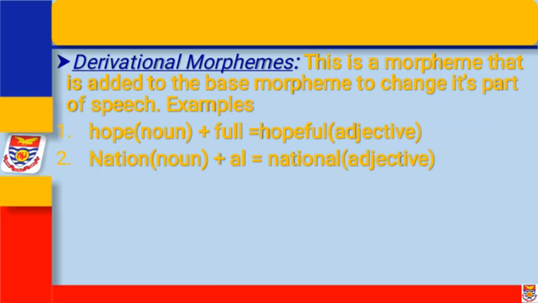Nation, a noun. We've gotten national after adding the derivational morpheme al, and then the word class has changed from noun to adjective. Think of any and make your own examples.